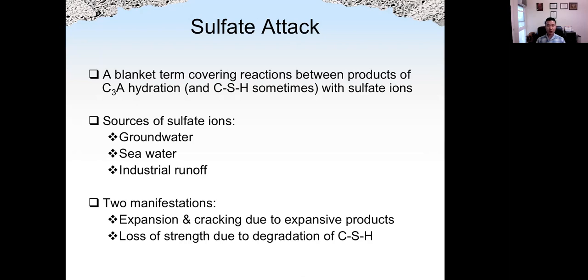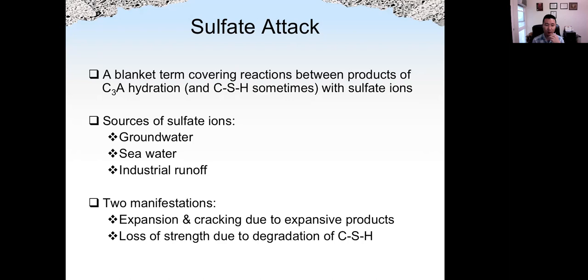Actually, sulfate attack is a blanket term covering different reactions between products of C3A hydration, which is the one we know, and sometimes even C-S-H can be affected. The source of sulfate ions can come in from groundwater, seawater, or industry runoff.